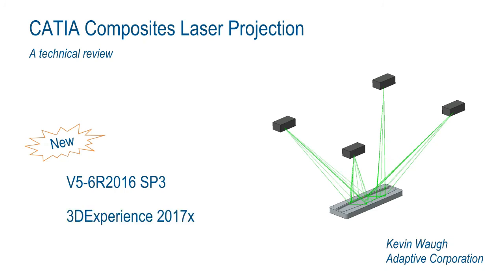I want to make note that this does exist in 3D Experience 2016X, but with limited functionality. 2017 is the recommended minimum level. The product trigrams for this are CLA for V5 and CLJ for 3D Experience. The PLM Express equivalent for the V5 level is LPX.